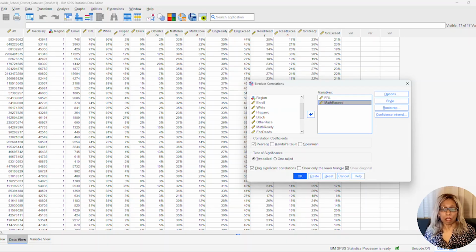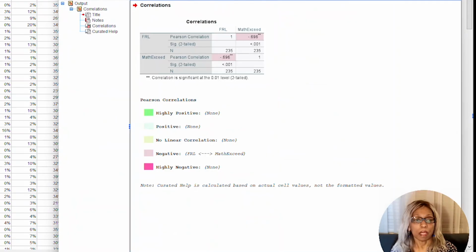And then we want the Pearson test, that's already checked. And I think that is everything. We can just click OK. And there we have our results for our correlation.